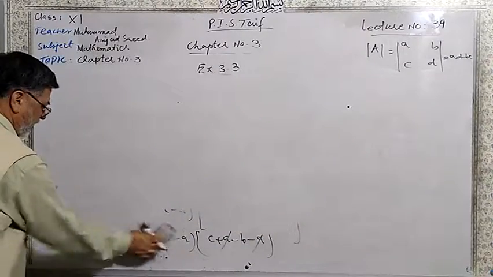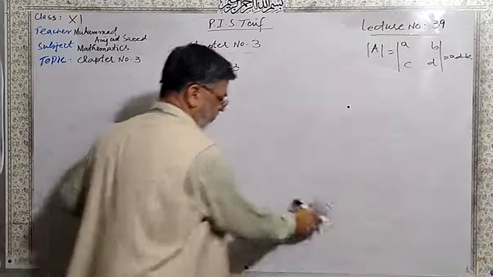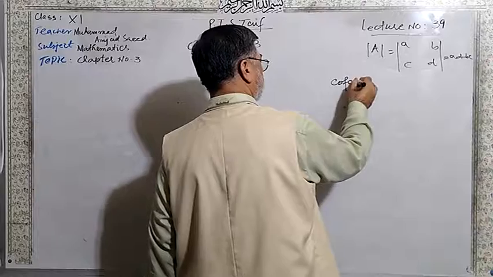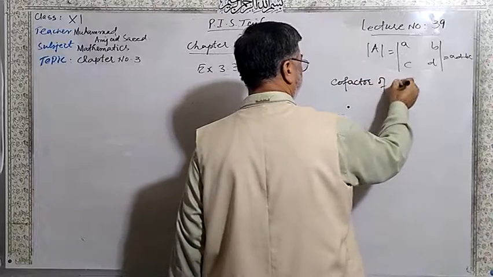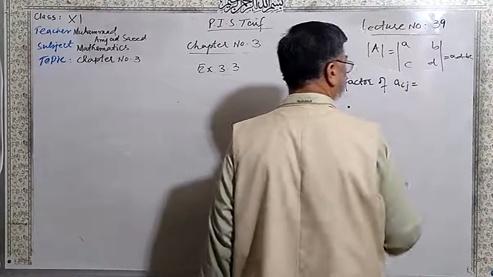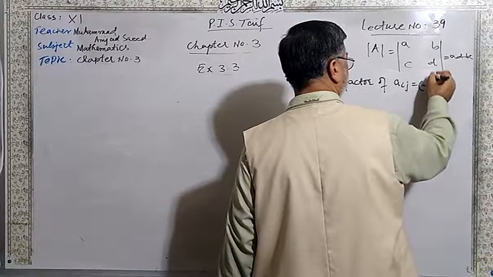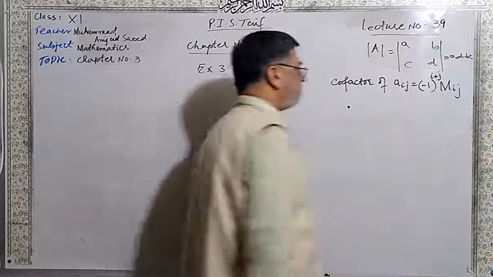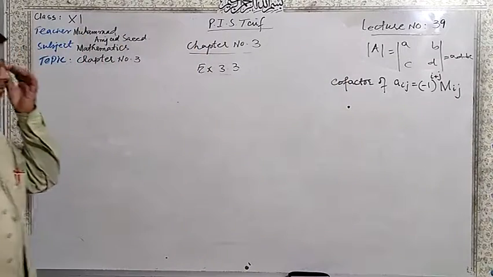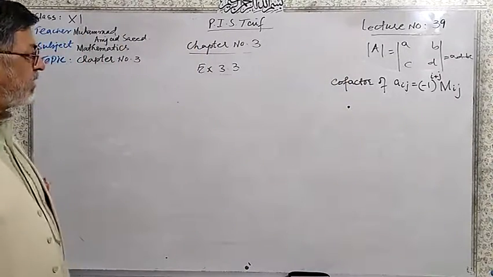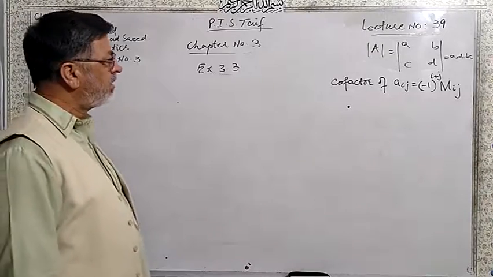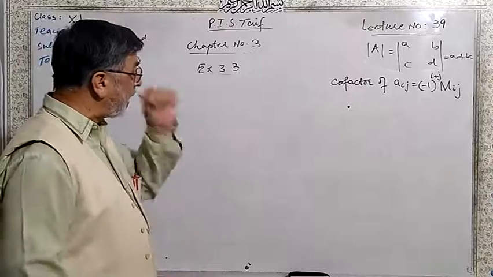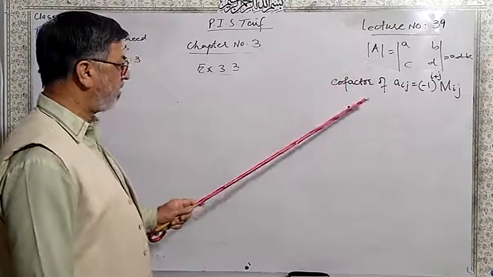We have the formula: cofactor of Aij is equal to minus 1 power i plus j Mij. Dear students, this is the formula for the cofactor of any element, any member.